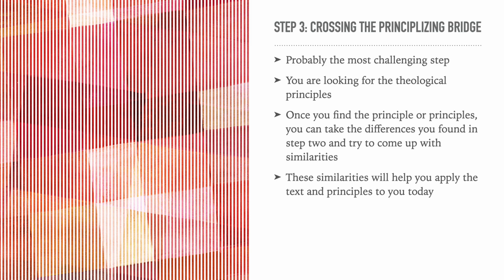Now try to find the similarities. What are the people doing? What is happening? What is being said? Even though it was written a long time ago, there will be some similarities between them and us in certain regards. So try to come up with those similarities. And those similarities will help you be able to apply that principle to your life today.